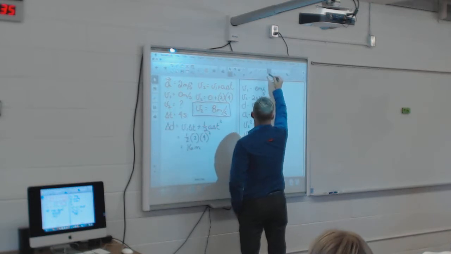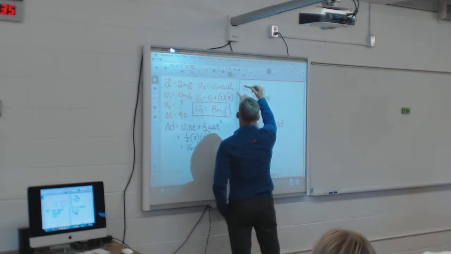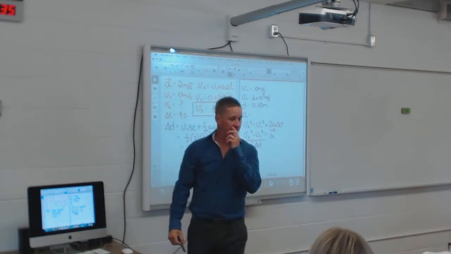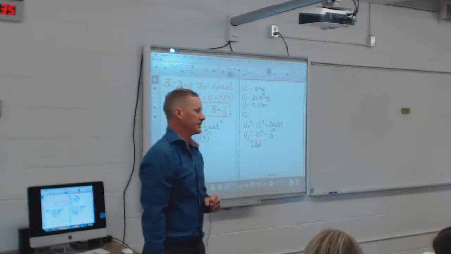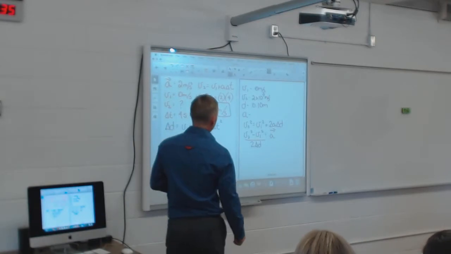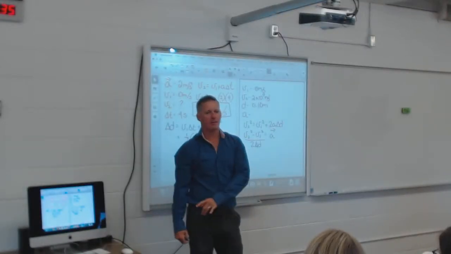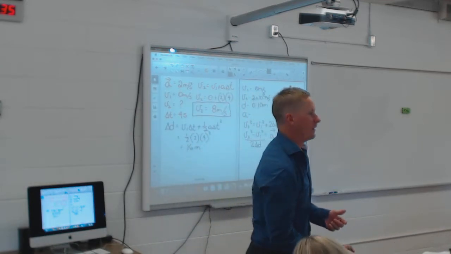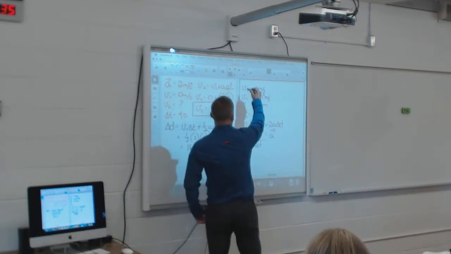And that's equal to a. Fair enough? Okay, so now you put your numbers in. Now, I'm doing this to help you remember how to solve equations for unknowns. But I would have done this.